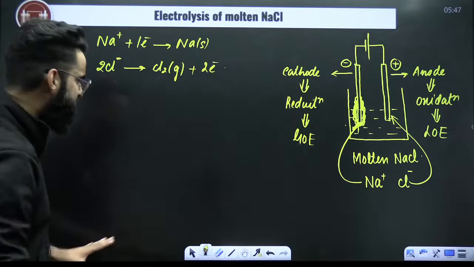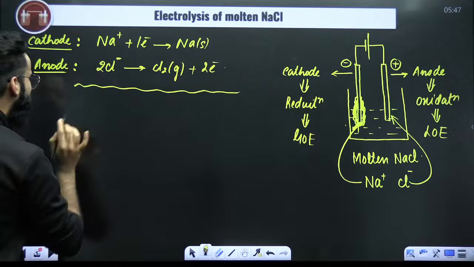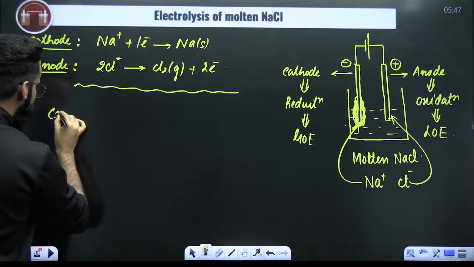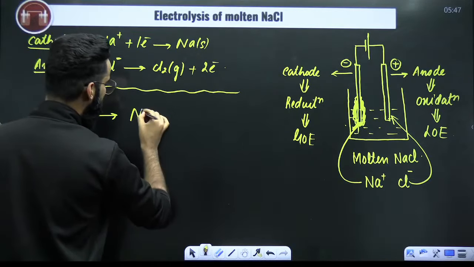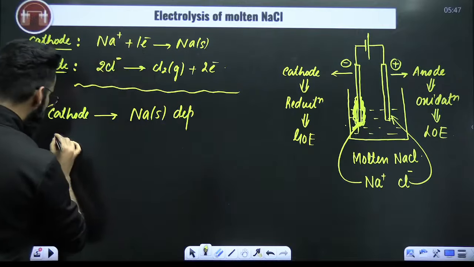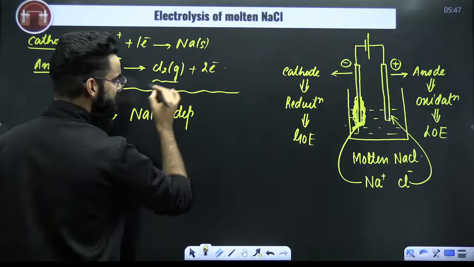Perfect. So my dear students, the question that's asked here: what is happening at cathode? What are the products of electrolysis? You'll directly remember at cathode, it is basically the sodium metal which is being deposited. And if I ask you what is happening at anode, it is the gas which is getting liberated.